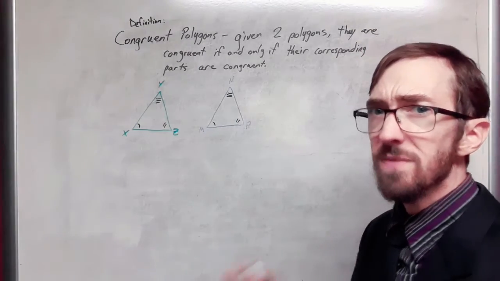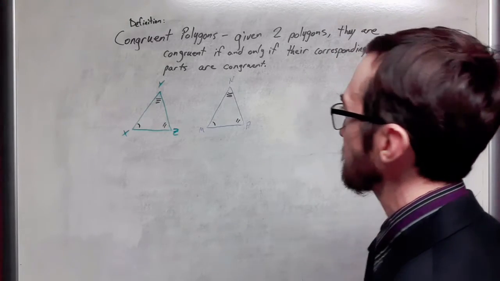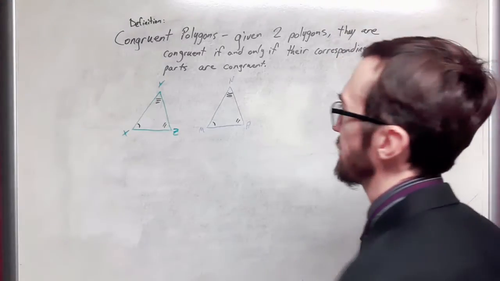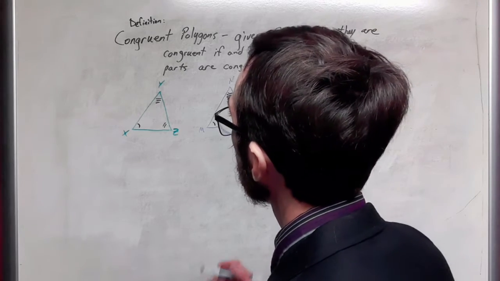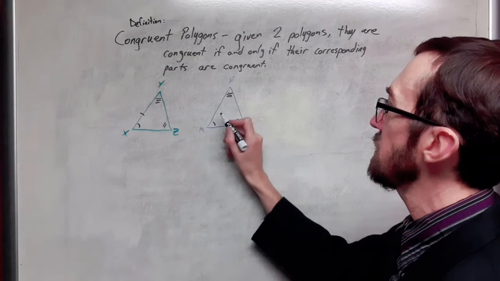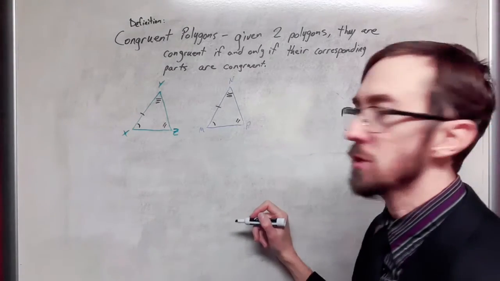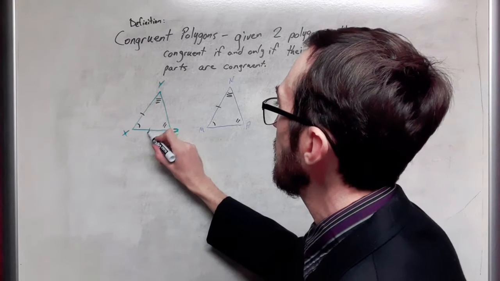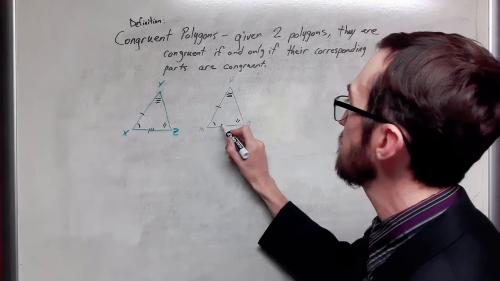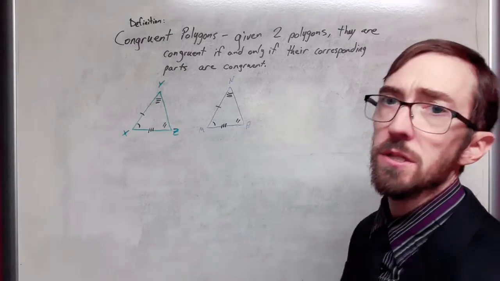Is that enough? It's actually not enough to say that we have congruent polygons. We also need sides in here as well. So we need to look at this side, XY, and it should be congruent to the corresponding side MN in my other triangle. Furthermore, XZ should be corresponding to this one and congruent.